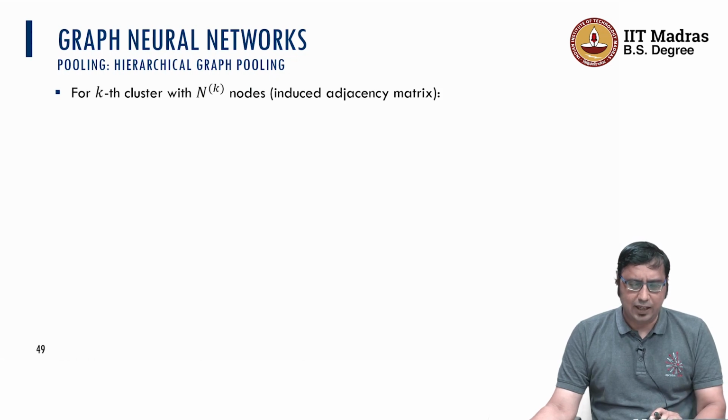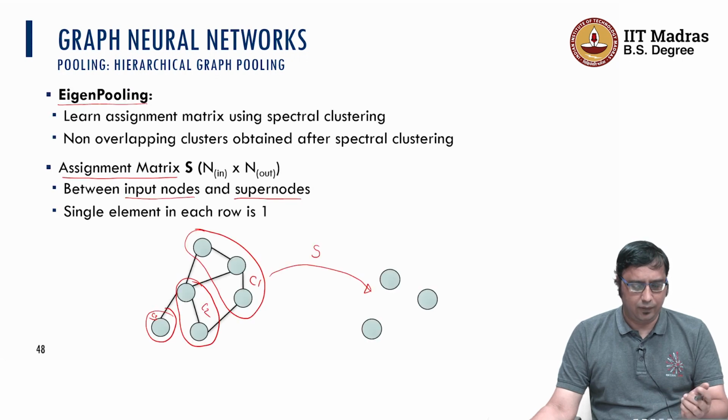So let's start with understanding each cluster. Recall that I have each cluster and I have to look at what kind of connectivity they have and create a super node out of it.